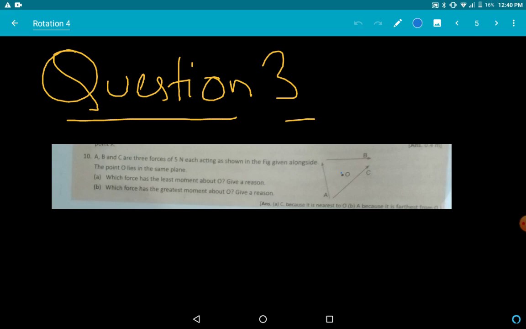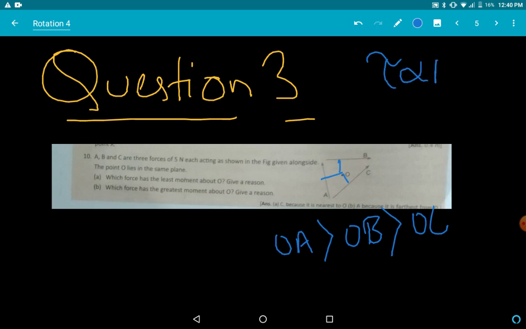Now if you can see, if you just draw some lines, as you can see, OA is greater than OB is greater than OC. Since the forces are same, we know tau is directly proportional to F and tau is directly proportional to R. Tau directly proportional to F will not be counted here because F is same in all the cases.